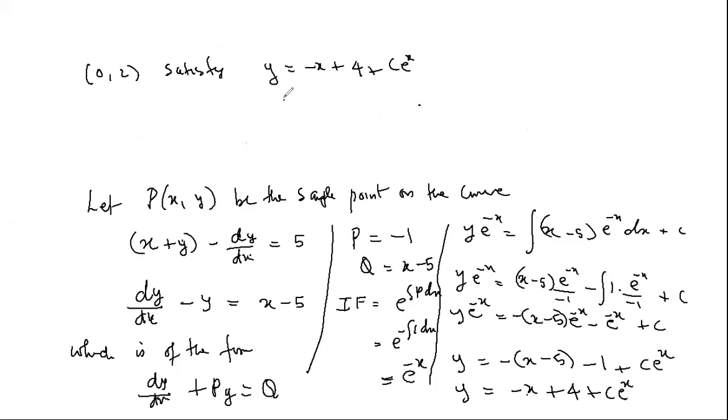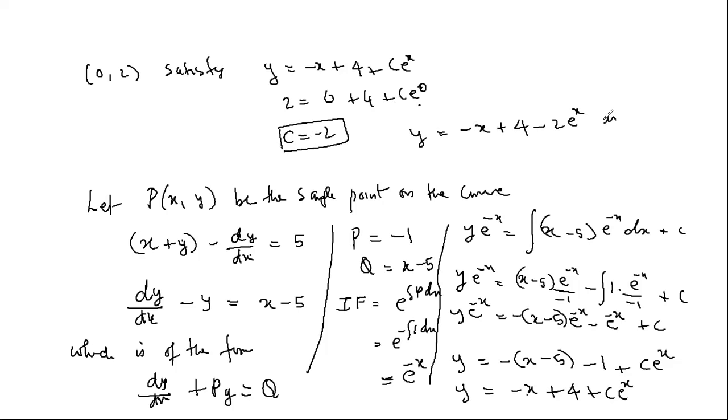The y coordinate is 2 and the x coordinate is 0. So c is minus 2. So y is equal to minus x plus 4 minus 2 e raised to x is the solution. I hope you understood this properly.